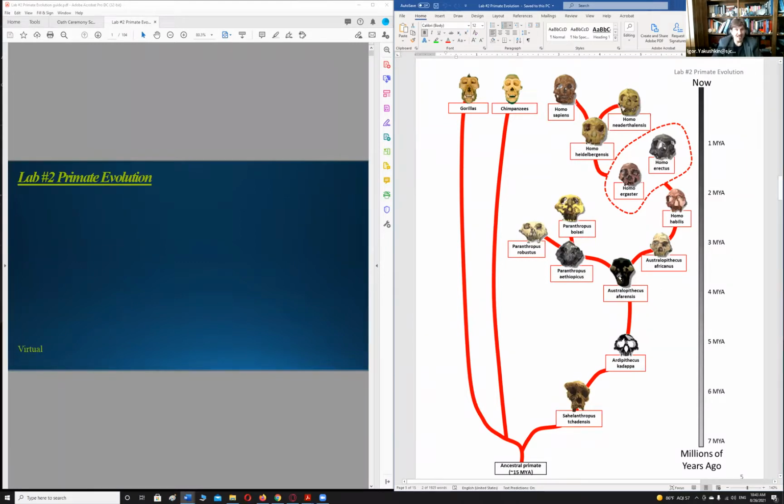That's why most likely this is one of our ancestors. And then Australopithecus afarensis went into Australopithecus africanus, very similar, and probably somewhere here there might be some other creatures before that, but this is where our initial ancestors start, somewhere around 2 million years ago.